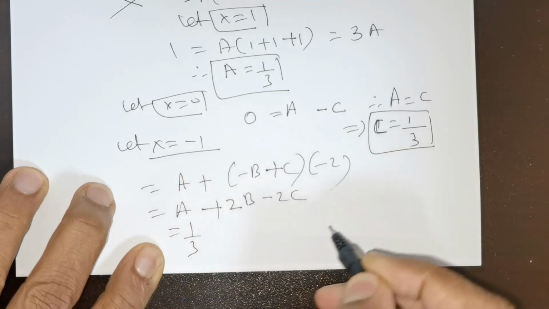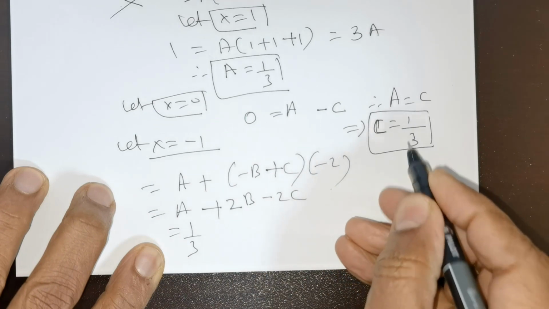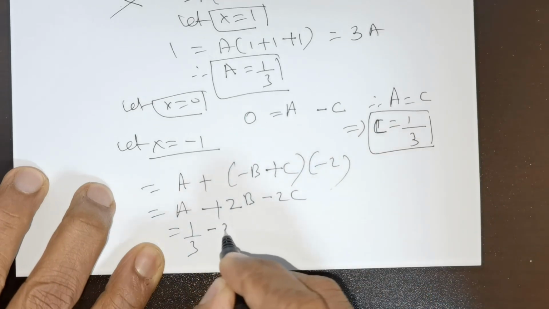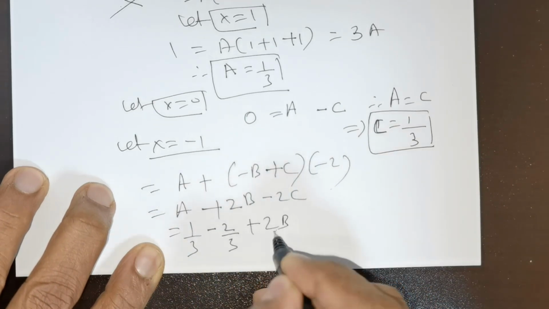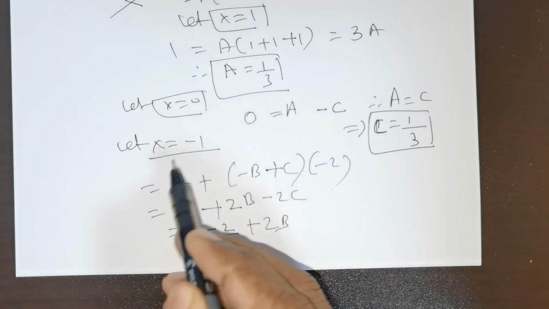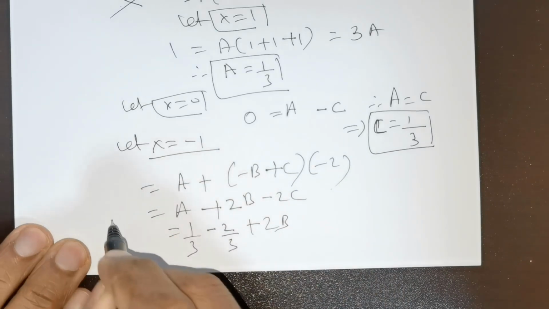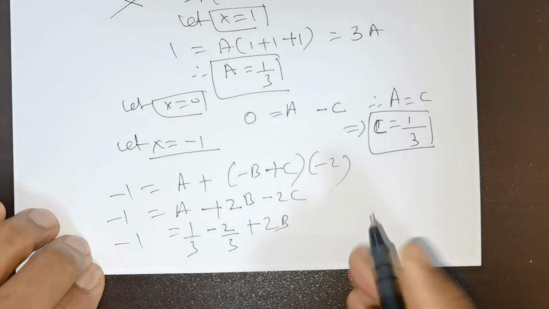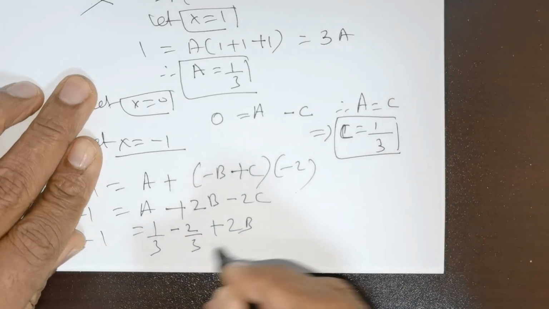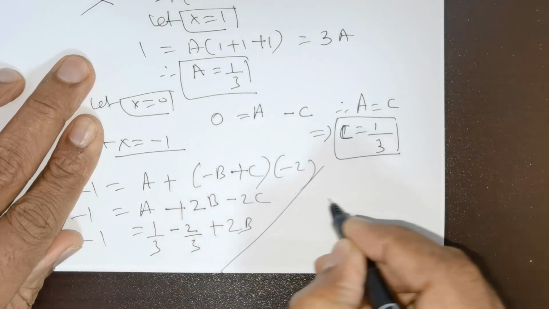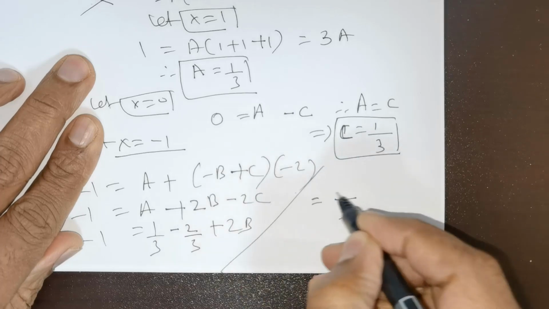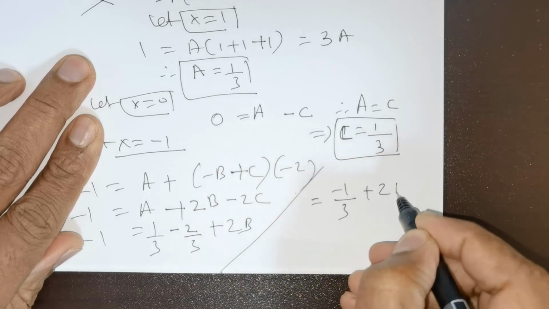Now a is 1 over 3 and c is 1 over 3, so that's going to be negative 2 over 3, plus 2 times b. Now we have taken x equal to negative 1, so on the left you have negative 1. Now you add these two things and you will get negative 1 over 3, plus 2 times b.